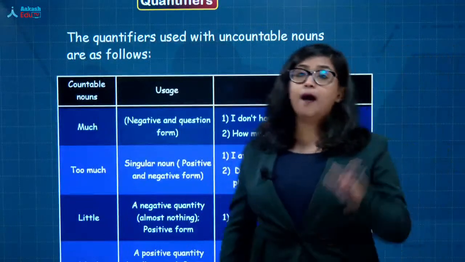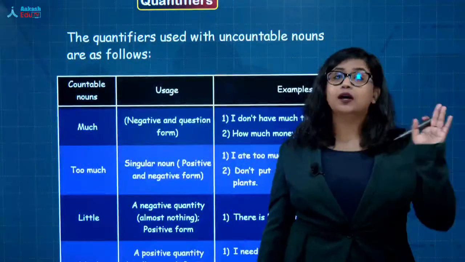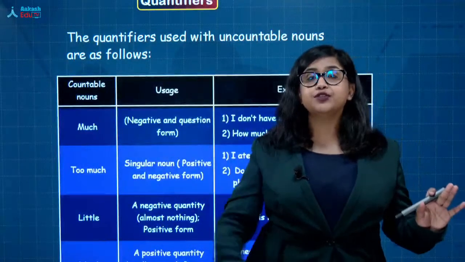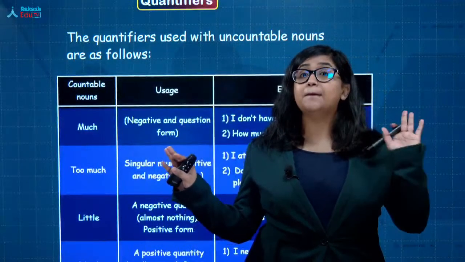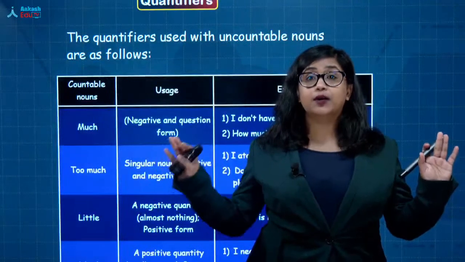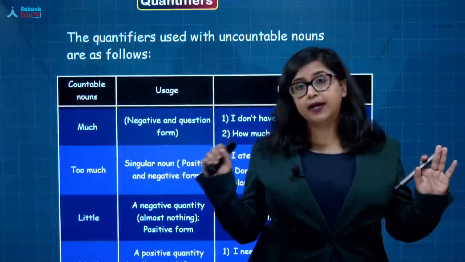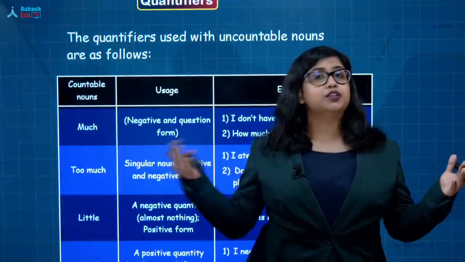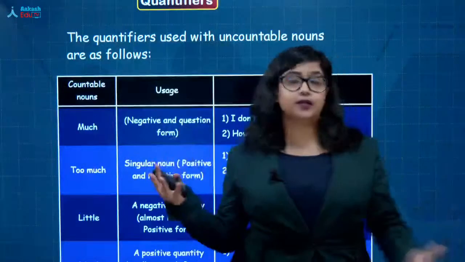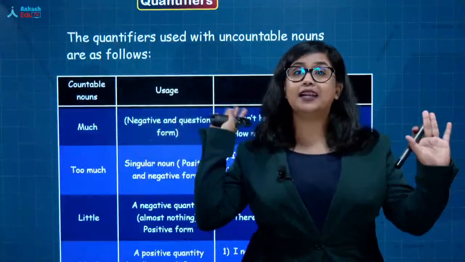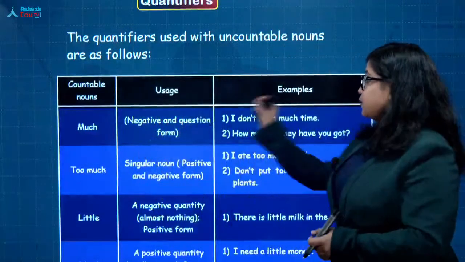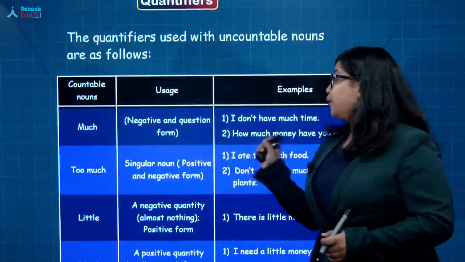Please remember, many is used for countable nouns, much is used for uncountable nouns. There are many mangoes in the fridge, there is much sugar in the tea. So this is how we use many and much, countable and uncountable.